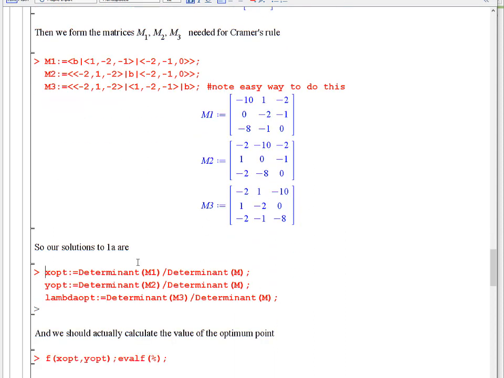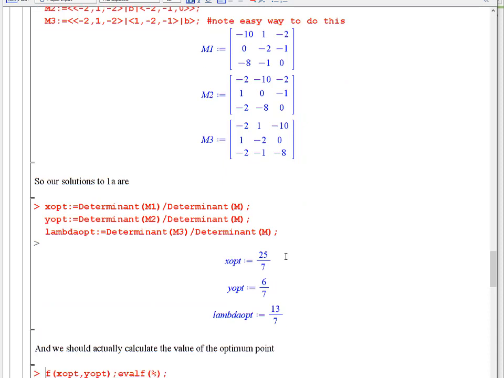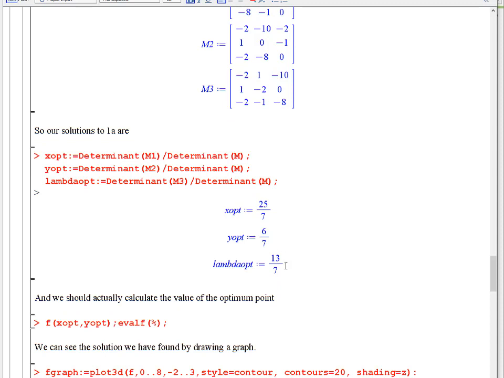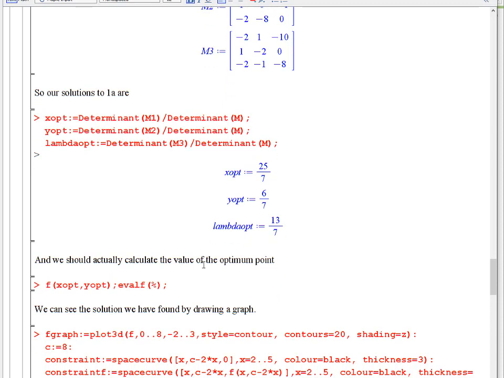So it's each of those special matrices' determinants divided by the original determinant that gives you the x and y and lambda. Okay, so there's your optimum, 25/7, so a little bit over 3, and a little bit under 1 for y. That's the value of lambda, which at the moment doesn't mean anything. You should calculate the value of the optimum point by putting in these two.